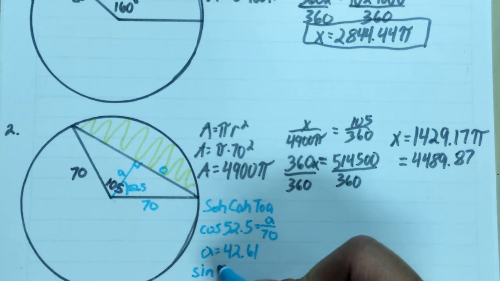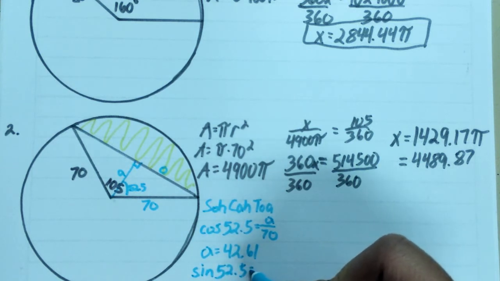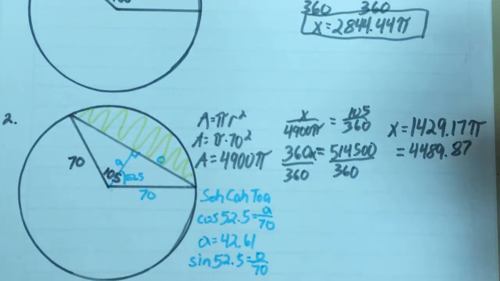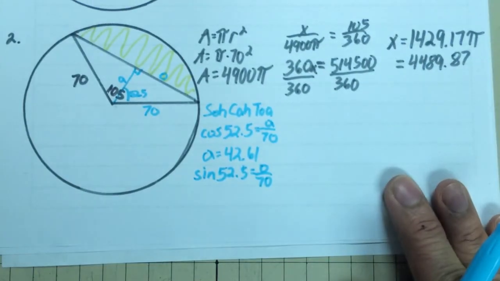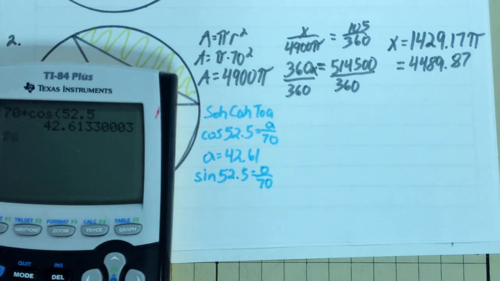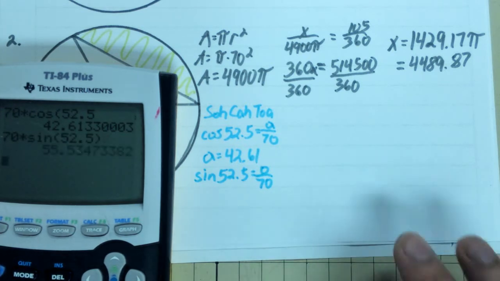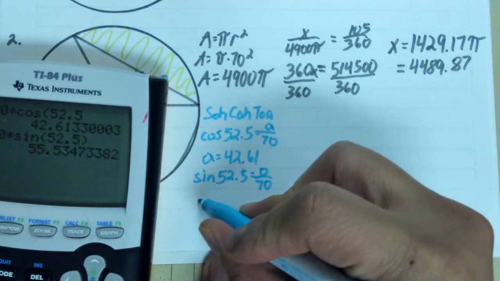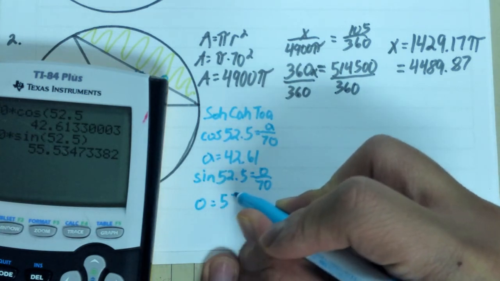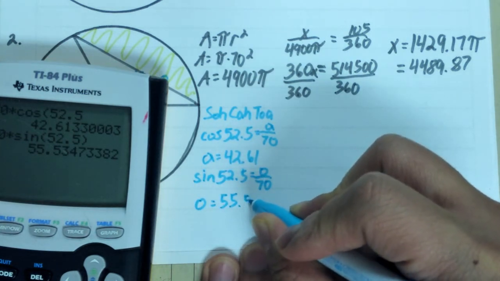So sine of 52.5 equals opposite over 70. So 70 times sine of 52.5 is 55.53.